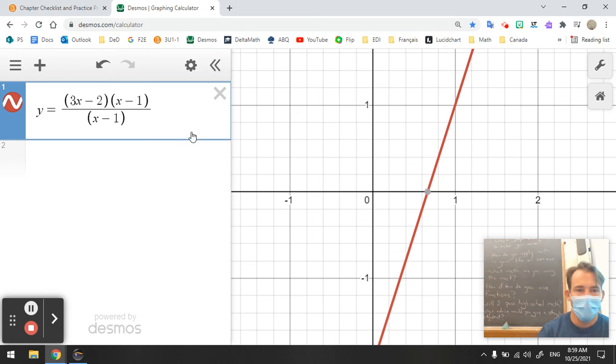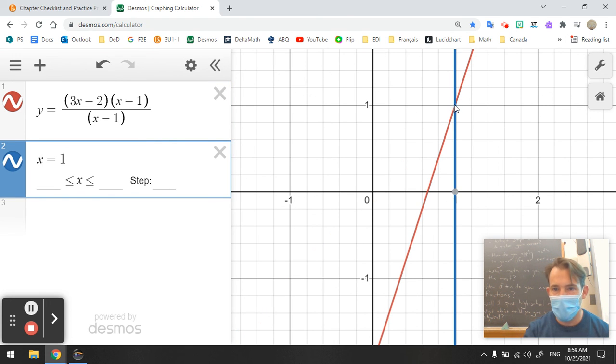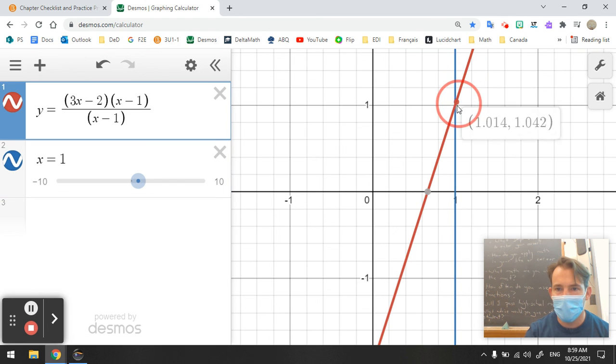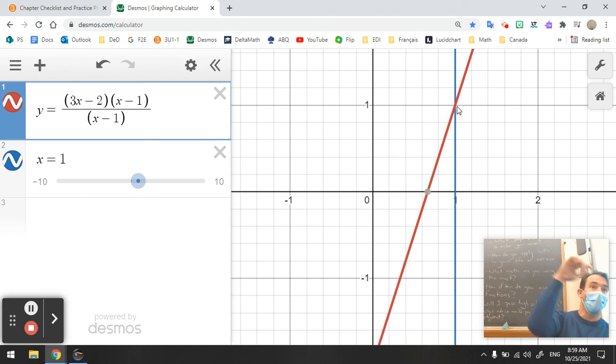If I trace along here, there is a point undefined there. This line does not exist at that point. There's an infinitesimally small hole in the line at that one value of x.